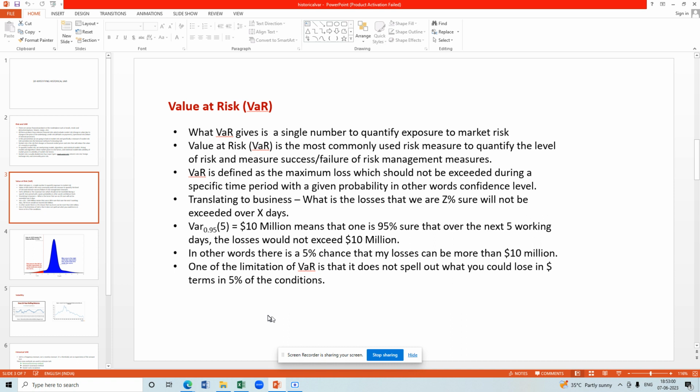In other words, there's a 5% chance that your losses can be more than 10 million due to the occurrence of certain events in that 5% loss window. But what it doesn't tell you is what would be the total loss which can happen if you breach the threshold.